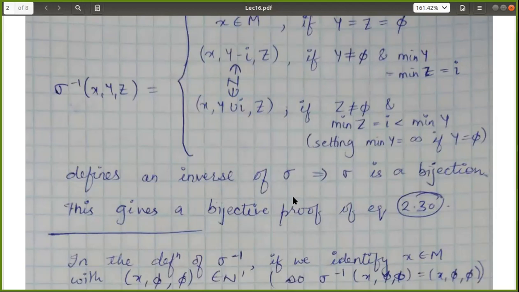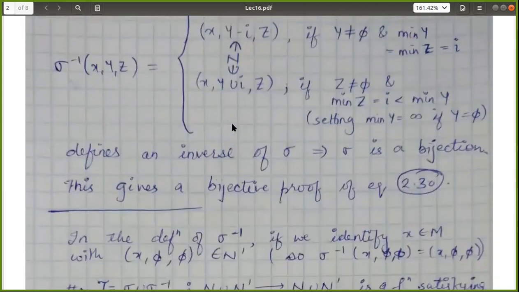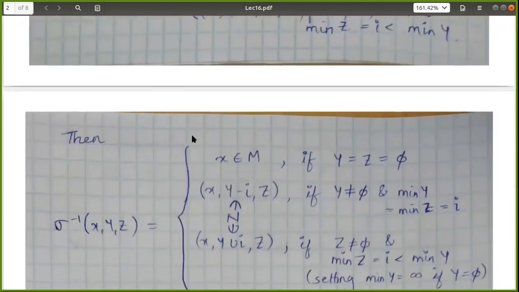Okay. Now moving further, let's see what really happened here. So in the definition of sigma prime, sigma inverse, if we identify every element x in M with x empty set of n prime, then you can actually write sigma inverse of x empty to be x empty instead of x in M as we did here.